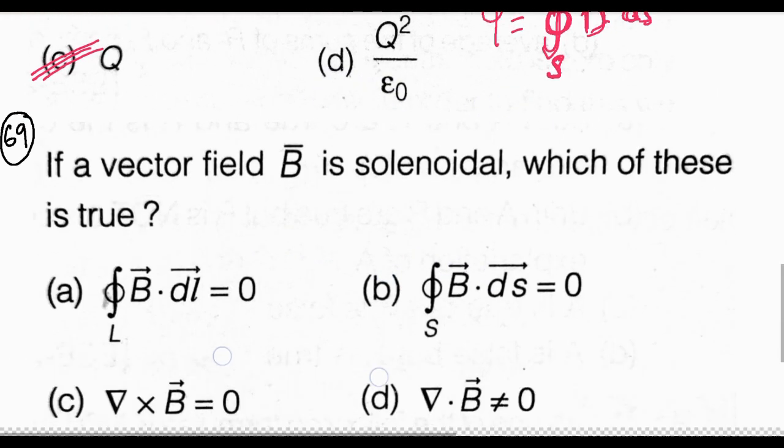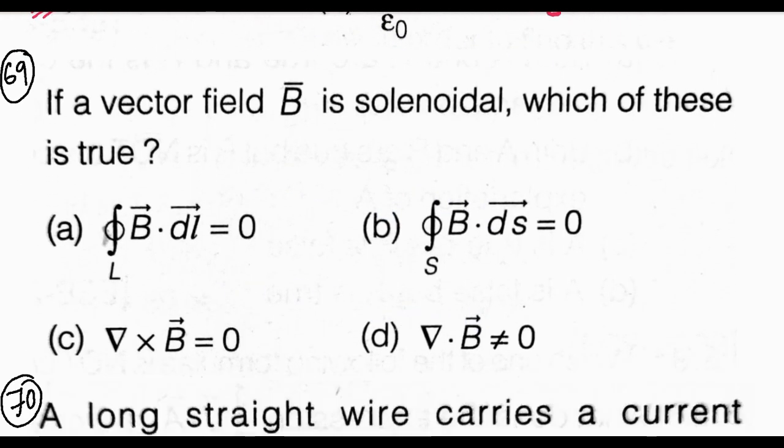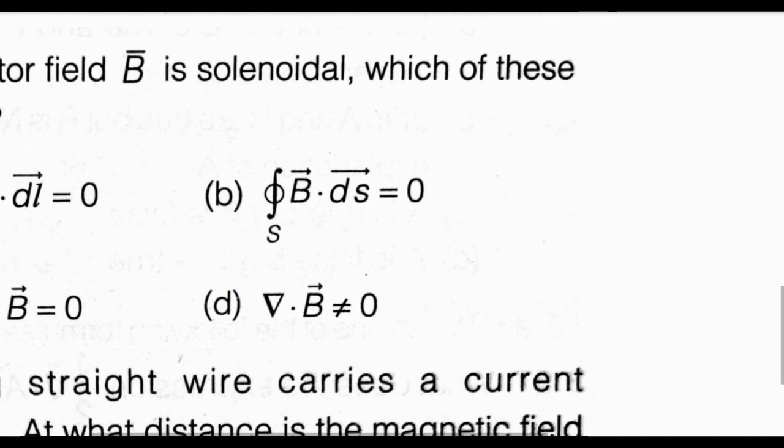Next question is, if a vector field B is solenoidal, which of these is true? For solenoidal, Gauss law of magnetism, the divergence theorem gives that according to the divergence theorem, this should be 0. So this is the Gauss divergence theorem.